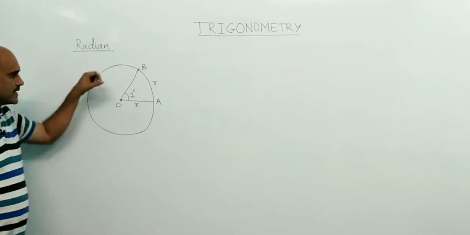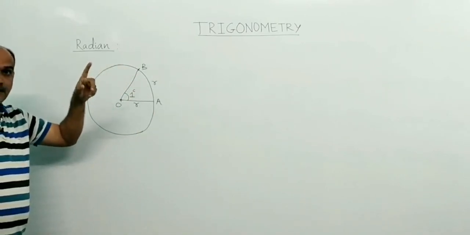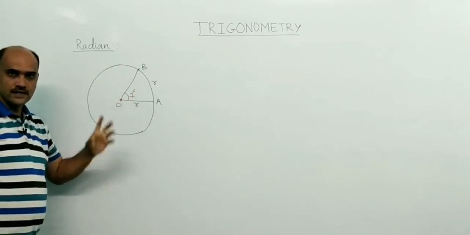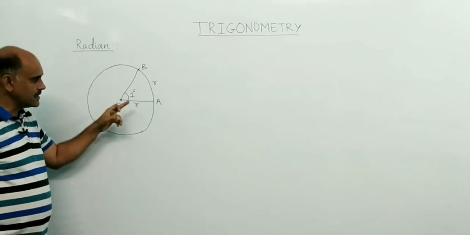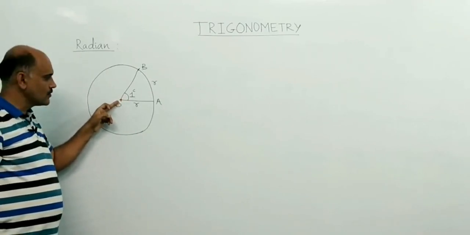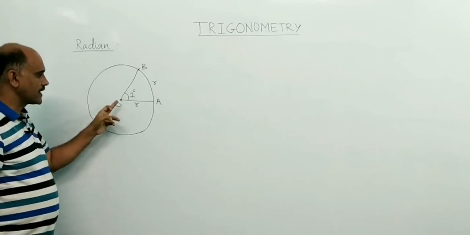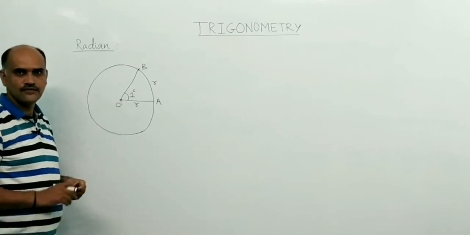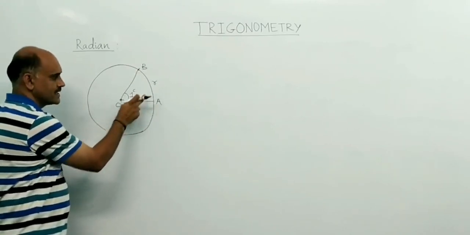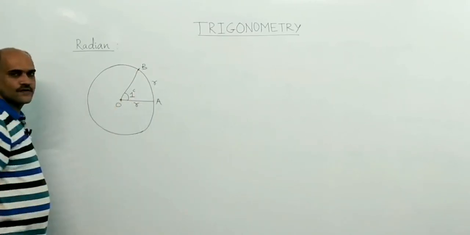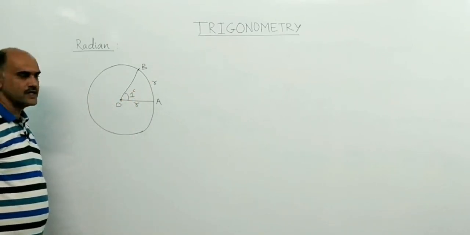Radian is denoted like this, C, as degree we denote it by a small circle. This C denotes radian. So you can define radian as the angle formed at the center of a circle by an arc whose length is equal to the radius of a circle.